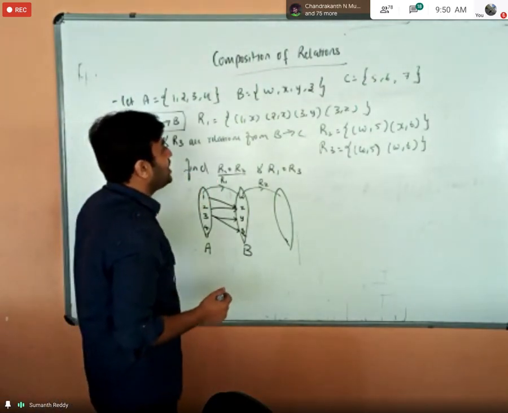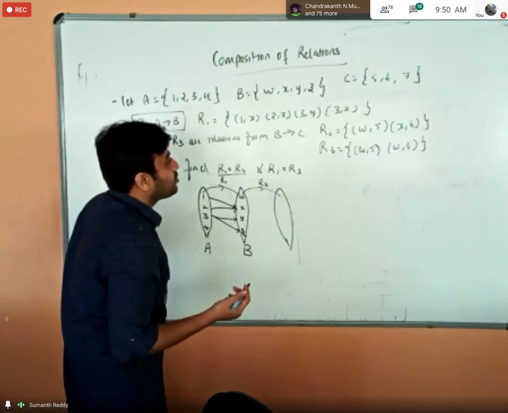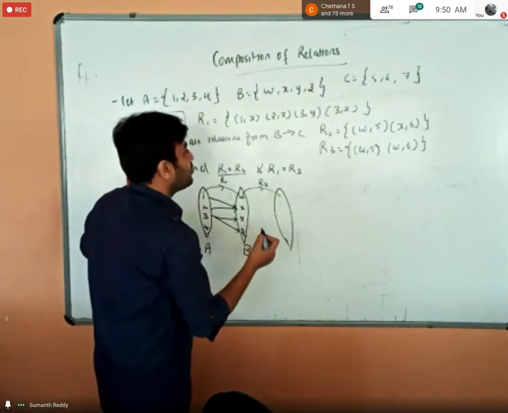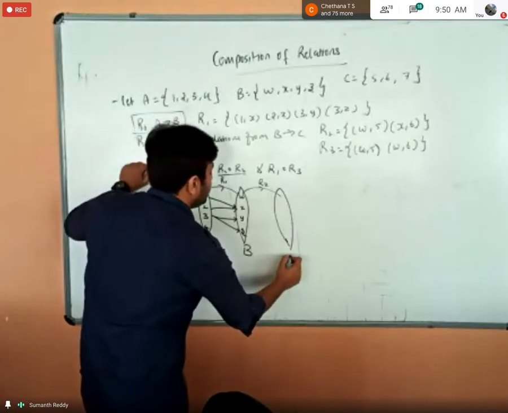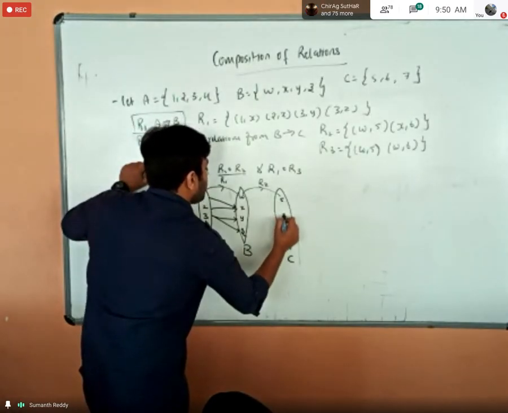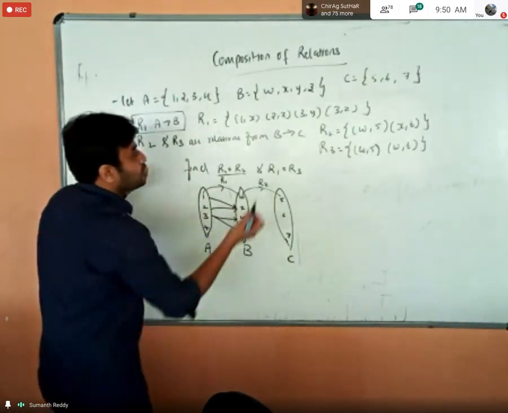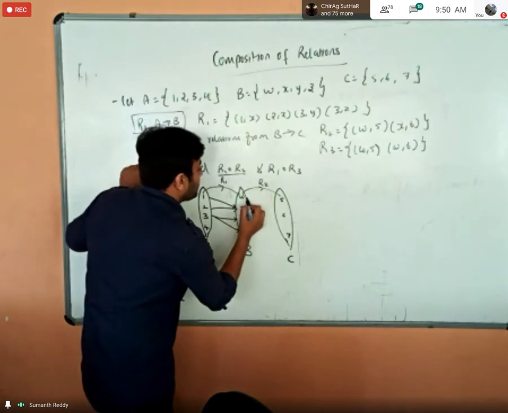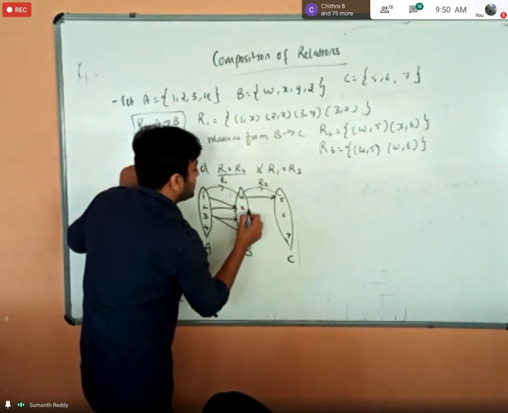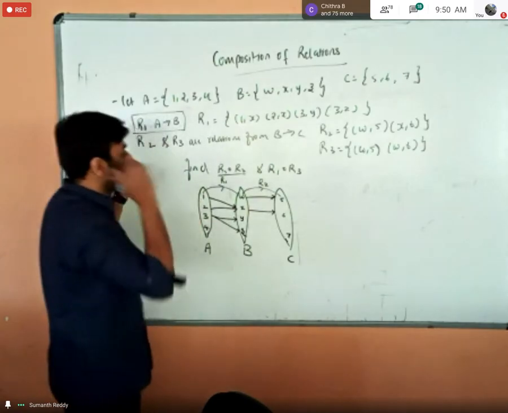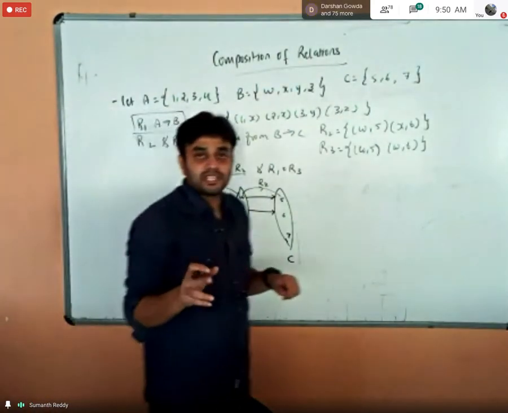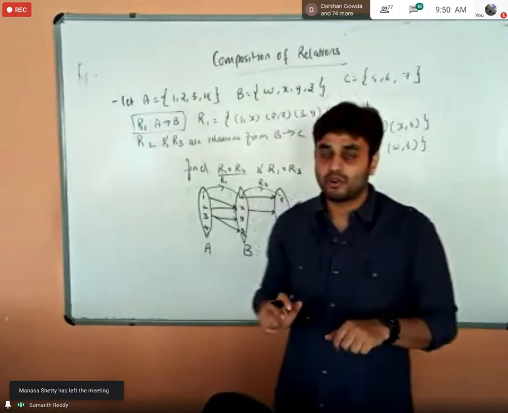Next, coming to the relation R2, which has only two ordered pairs, that is W5 and X6. First, I need to write the elements in set C, which contains three elements, 5, 6, and 7. Now you just try to remember the definition of the composition of relation I have told, right?